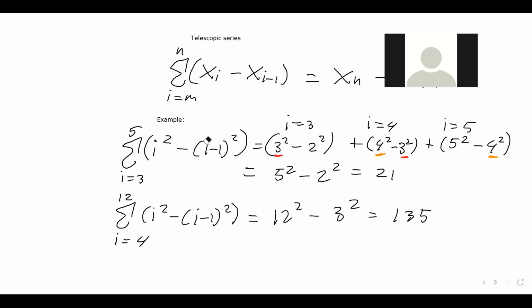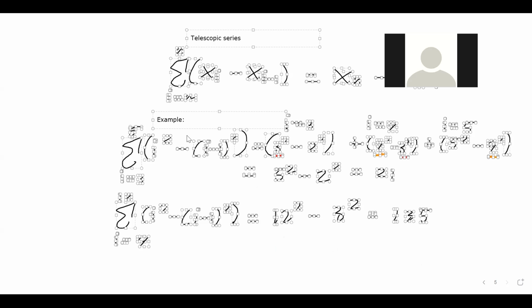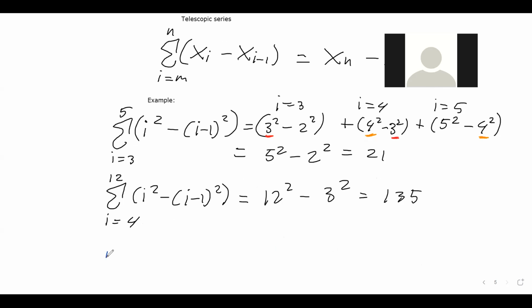Shall I give you another example with a different functional form? Let's see what we get here.